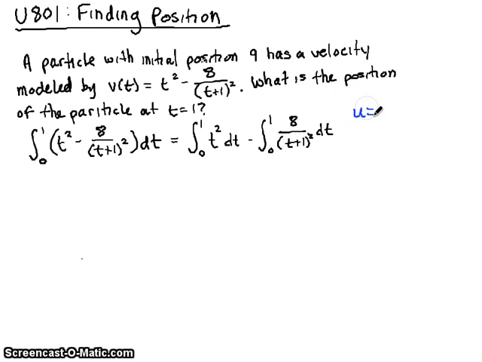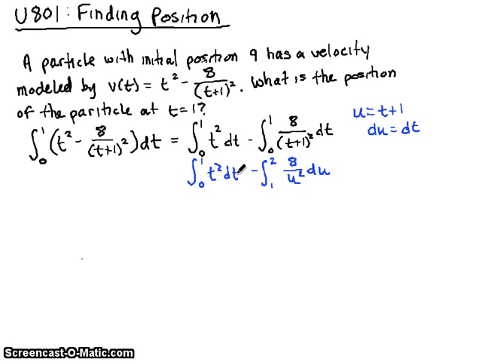So our u is going to be equal to t plus 1. Our du is going to be equal to just dt. So that's good, there's nothing to really cancel out there. We're going to need to change our limits of integration. So we're not going to go from 0 to 1 anymore. We're going to go from 1 to 2 of 8 over u squared du. And then this is still going to be 0 to 1 of t squared dt.